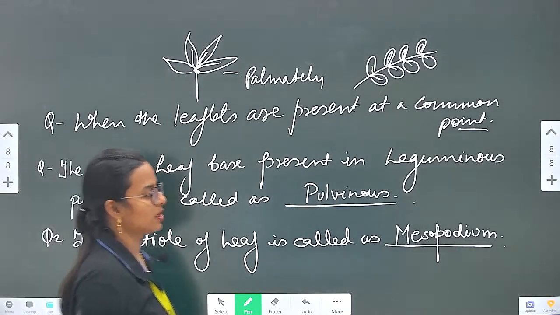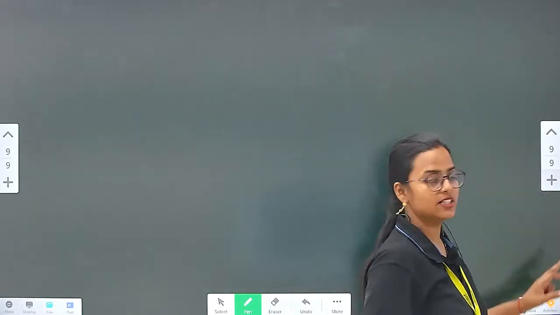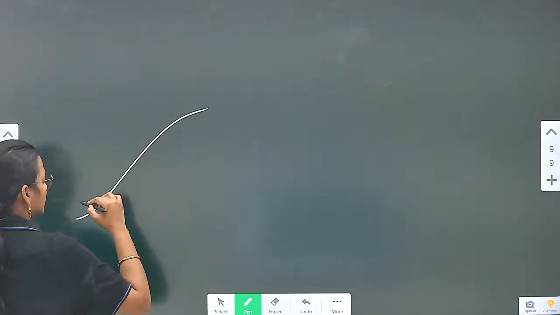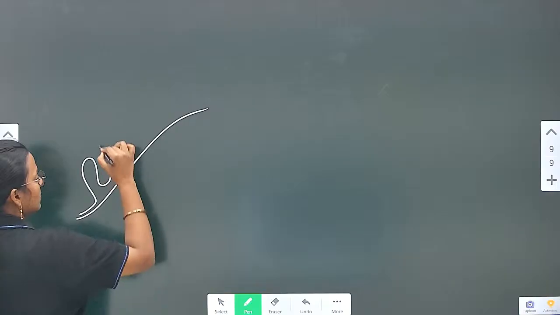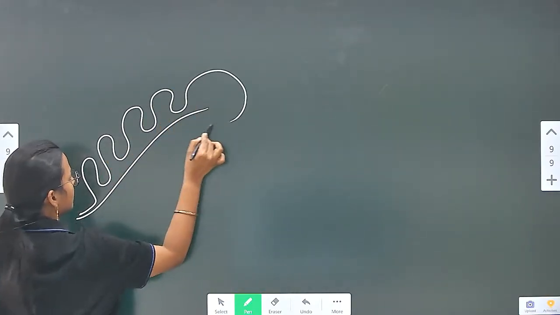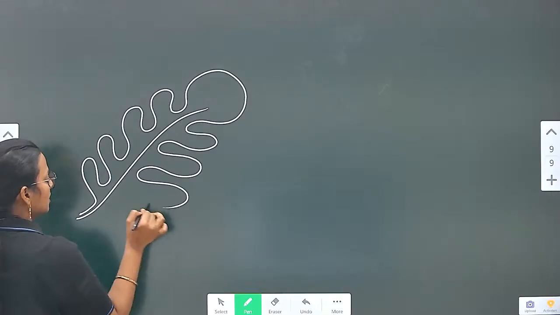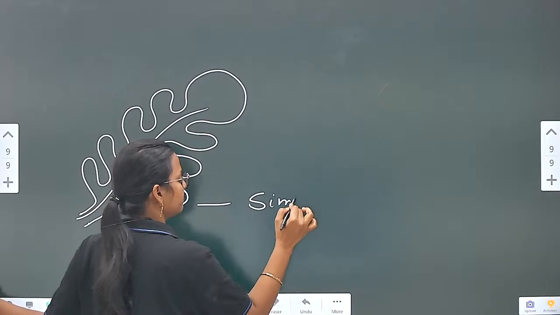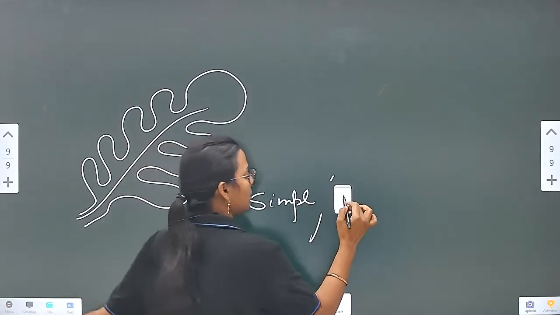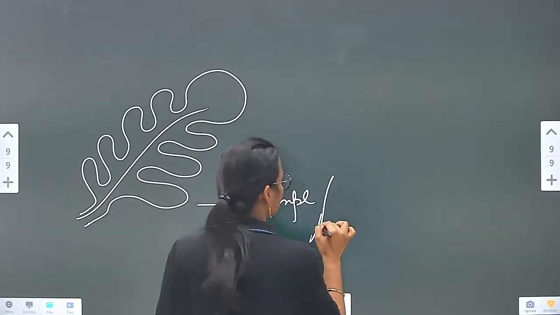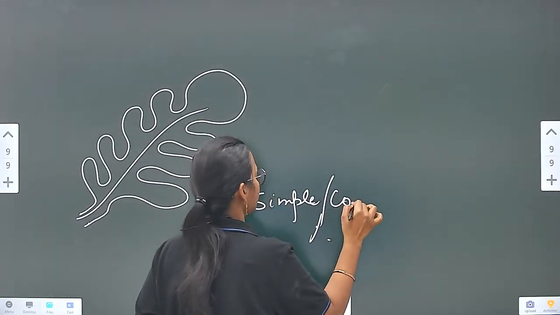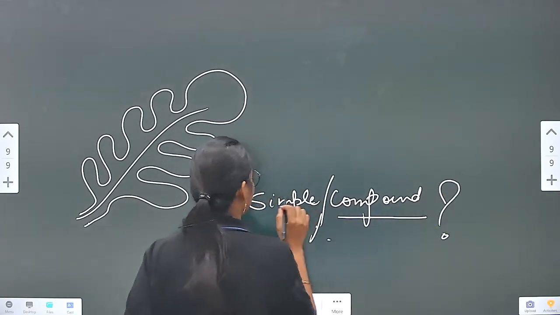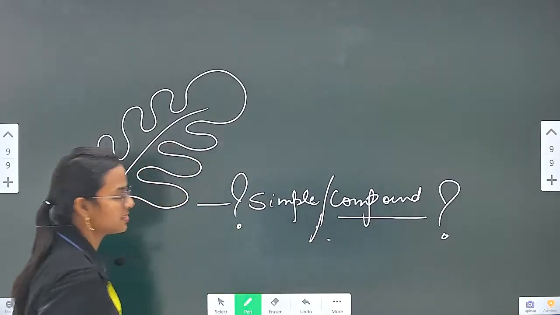Now I would like to ask you one question and I hope you should be able to answer it. Tell me, this leaf which looks like this, can you tell me is it a simple leaf or a compound leaf? And if it is compound, then why? If it is simple, then why? Just answer.